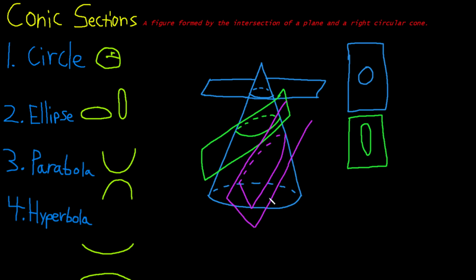Not the best artist out there, trying to draw it in 3D though. So it would look kind of like that, and from top down we can see something kind of like that. So if you were to keep putting this ellipse all the way out, keep on going, you'll eventually get your ellipse. Or I mean parabola.